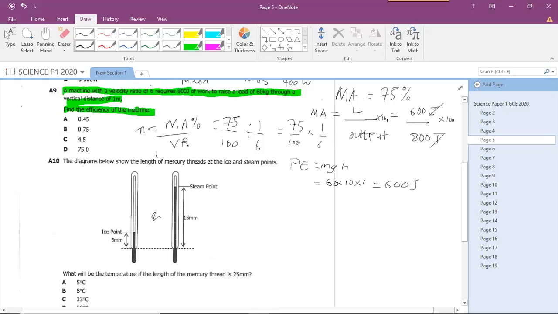Oh, sorry. Okay, so 75%. 75 over 100 multiplied by velocity ratio. All right, it's fine.